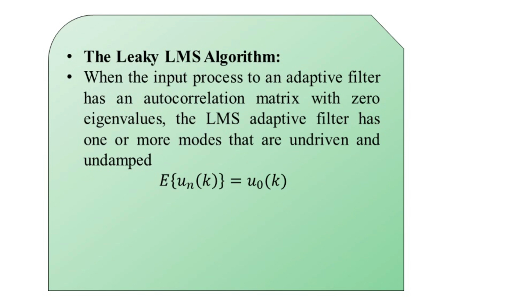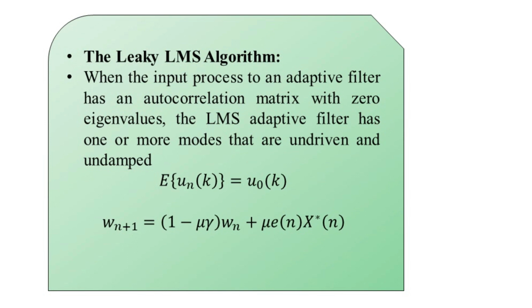Now one way to accomplish this task is to introduce a leakage coefficient. The leakage coefficient can be denoted in the earlier expressions of the LMS algorithm by the Greek symbol gamma. So the LMS algorithm, with the leakage coefficient represented by gamma, will be of the form w suffix n plus 1 is equal to 1 minus mu into gamma.